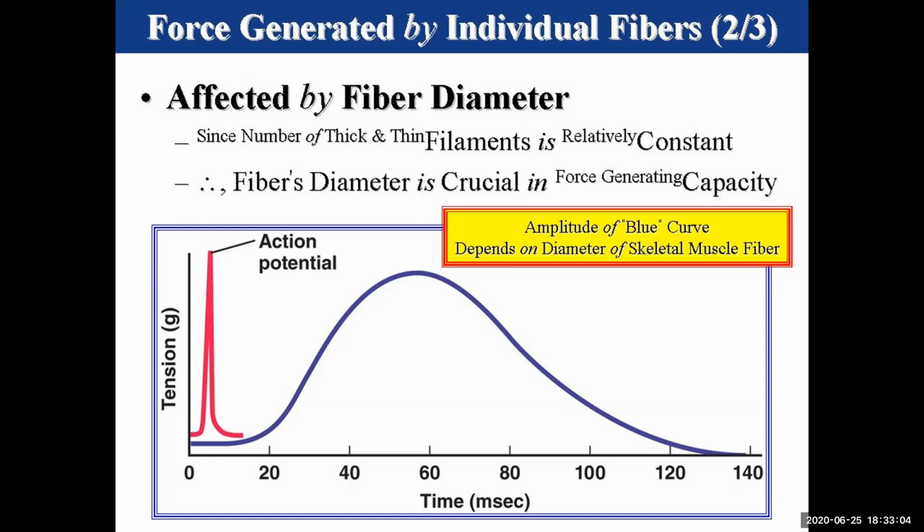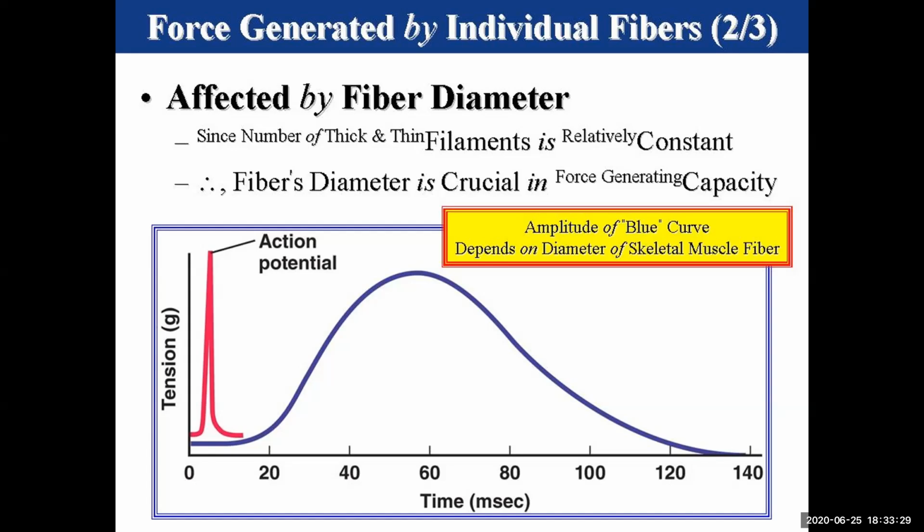The reason is, if you have a large diameter, what it means is inside that skeletal muscle fiber, the sarcoplasm, it contains many more myofilaments. It contains many more thick and thin filaments. It has many more myosin heads and actin protein for cross-bridge formation.